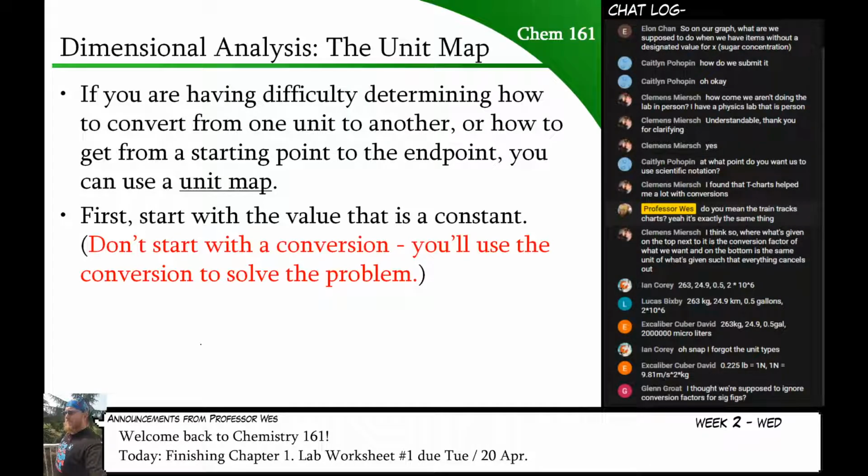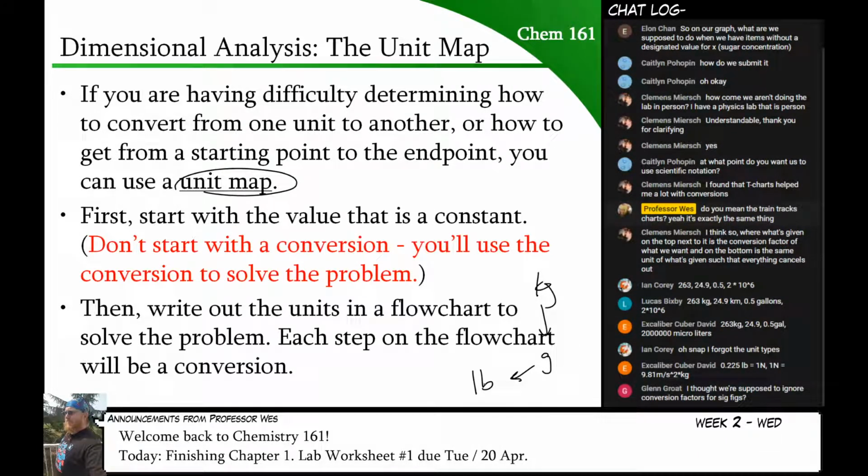That information can be used to construct what I call a unit map. So we've already been kind of doing the unit map, which is just the thing that I've been doing to the side over here. It's this sort of thing. If you just plot your course and then start writing conversions through your unit map, this will help you figure out where you need to go to solve the problem, and then set up the calculation once you're done.